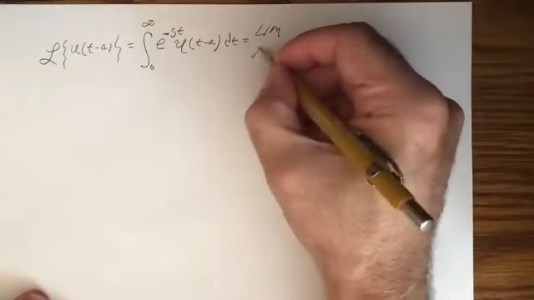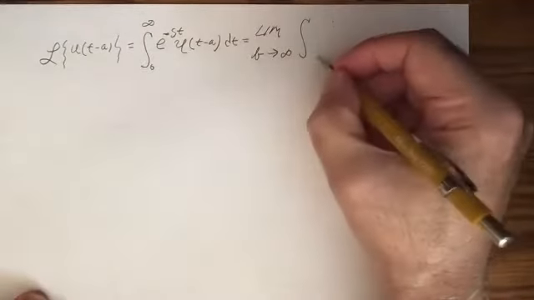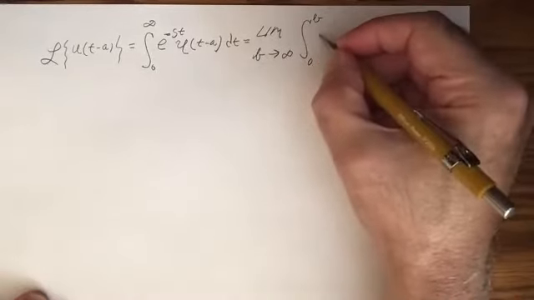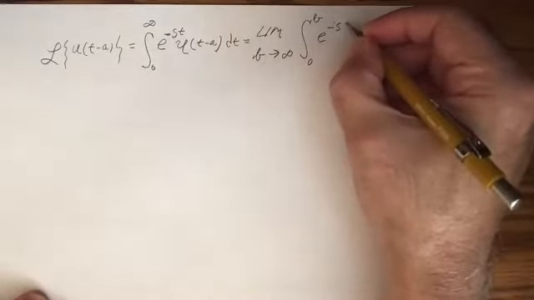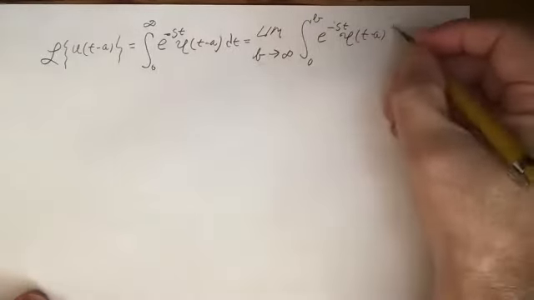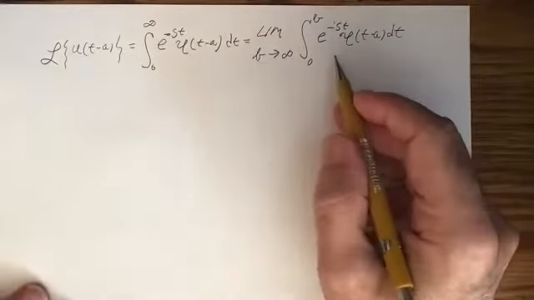So we've got the limit as b goes to infinity of the integral from 0 to b of e to the minus st times u of t minus a, dt. So now what's happening here?